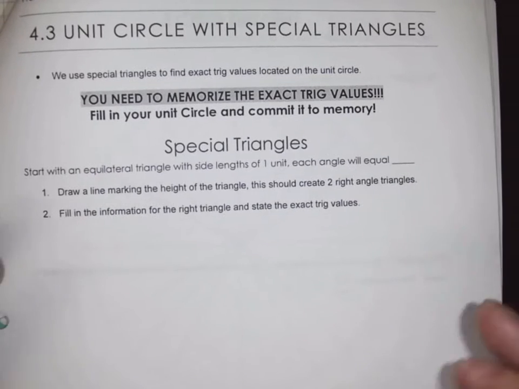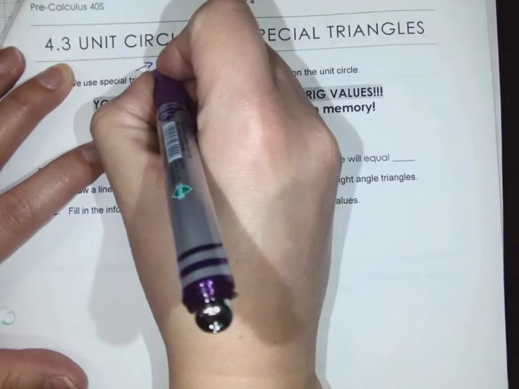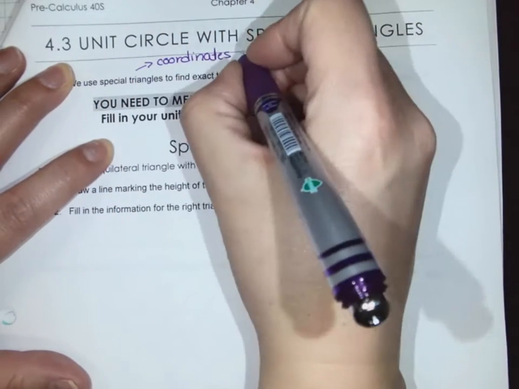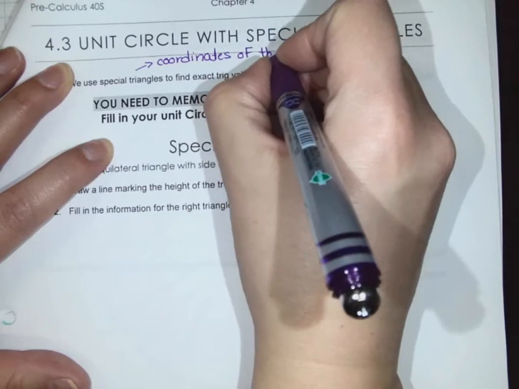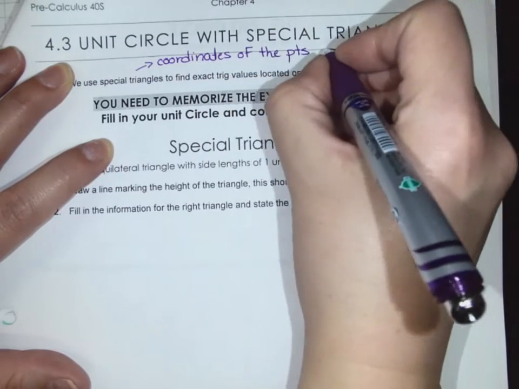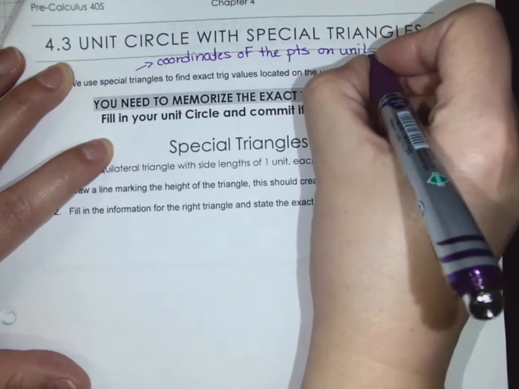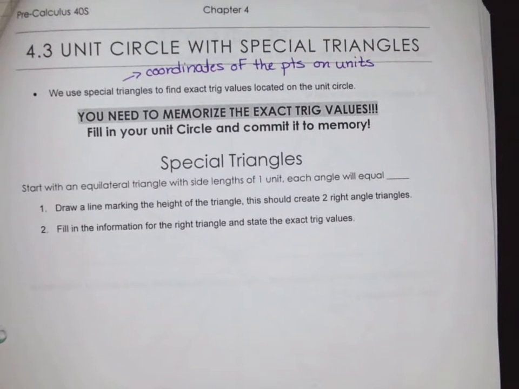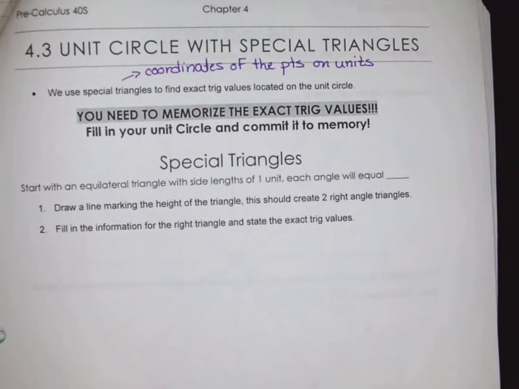Okay, so we're going to use special triangles to find the coordinates of the points on the unit circle. And why do we call it a unit circle? What's the radius of it? 1 unit.